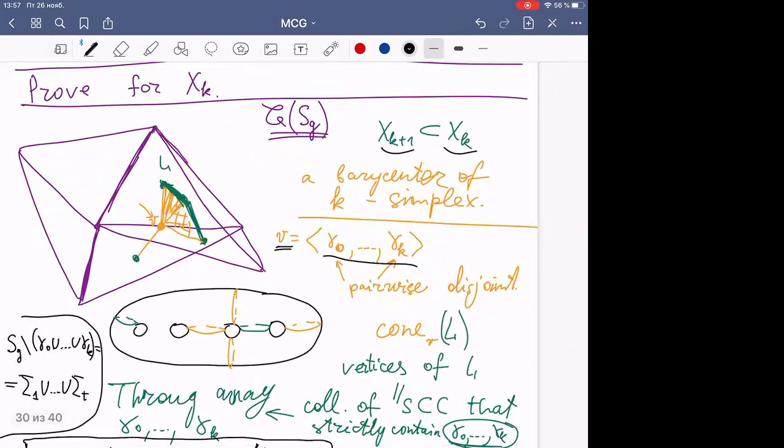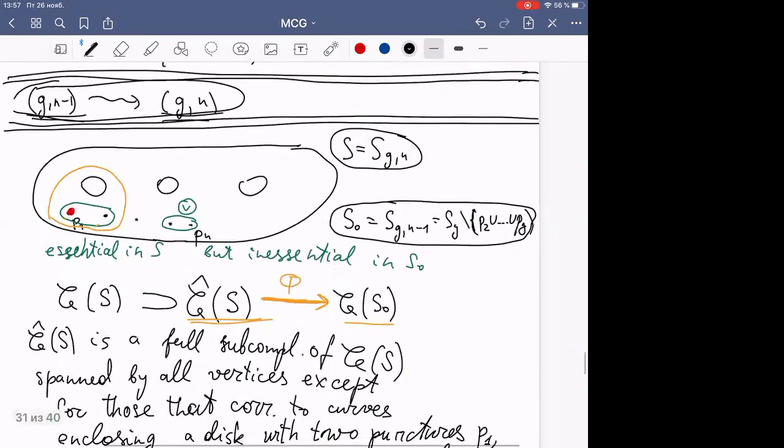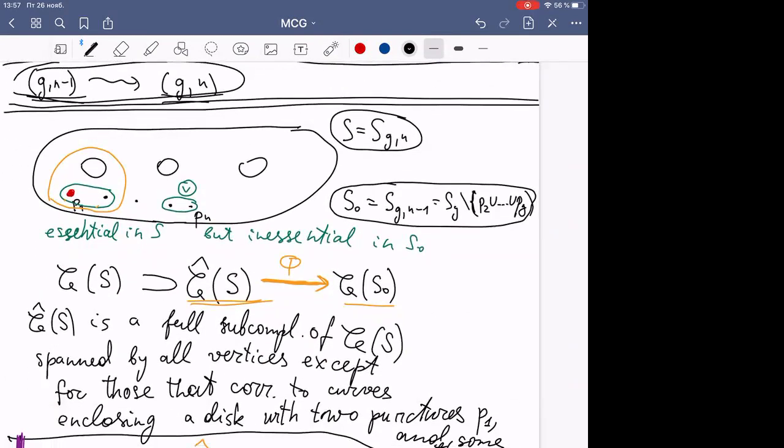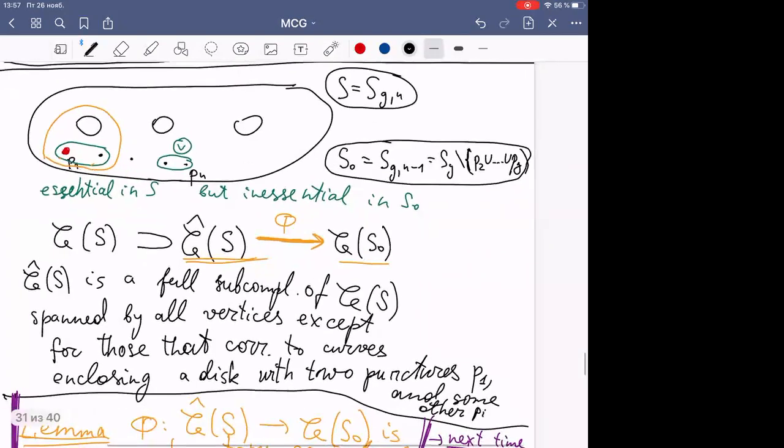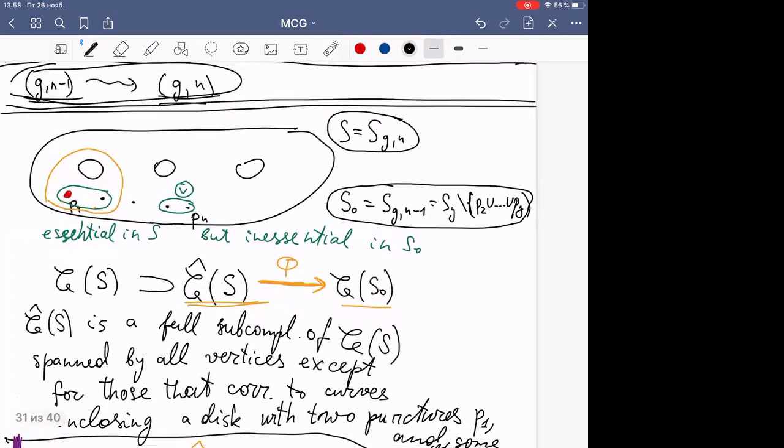In the previous lecture, I described how we understand how the complex for n punctures is obtained from the complex for n-1 punctures.